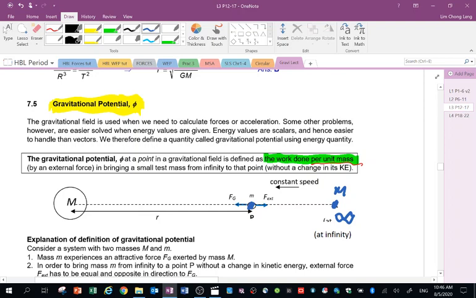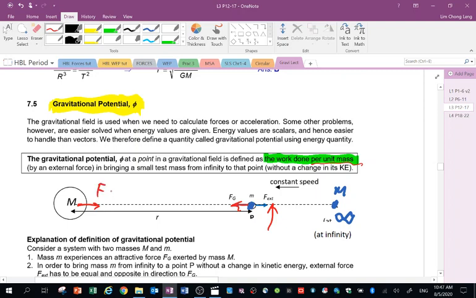Now, if you look very carefully, there is an external force here which is provided by an imaginary giant. And why do we need this external force? Here there is a force of attraction Fg between the Earth and mass m.